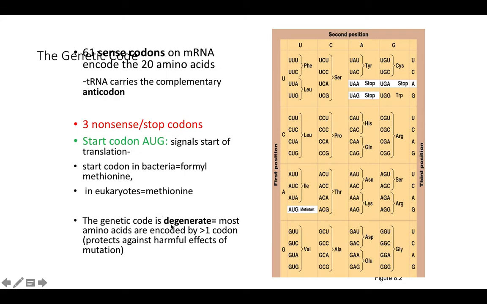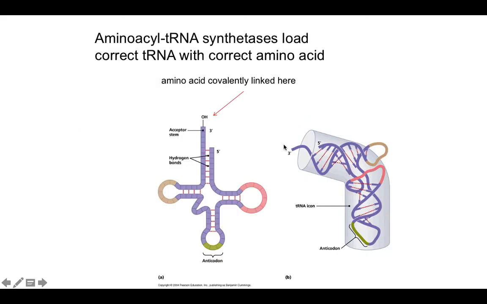And we said the genetic code is degenerate. Most amino acids, like this good one here, leucine: we can see there are 6 different mRNA codons that would be translated into leucine. That's what we mean by the genetic code being degenerate. Most amino acids are encoded by more than one codon. And this will help protect against potentially harmful mutations.